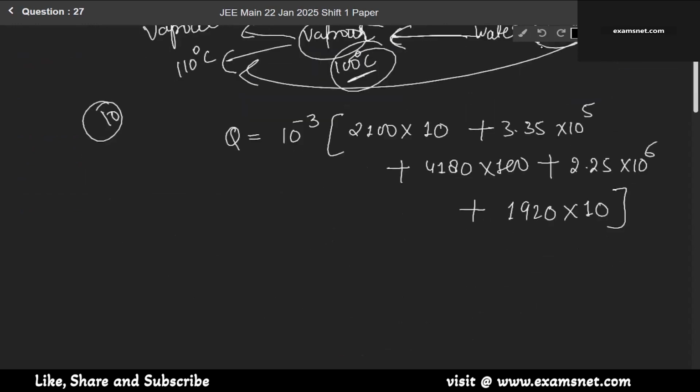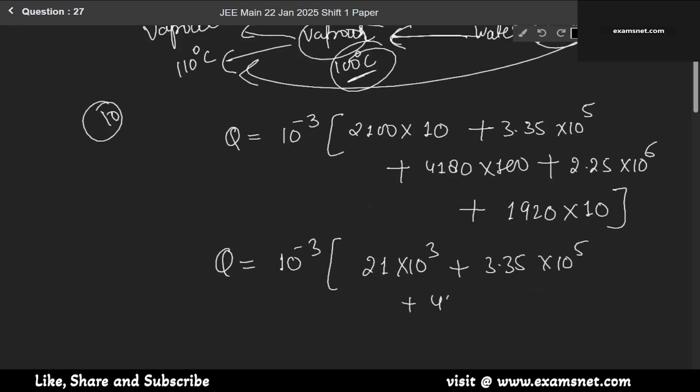Now solving it, we get Q is equals to 10 to the power minus 3. It will be 21 into 10 to the power 3 plus 3.35 into 10 to the power 5 plus 418 into 10 to the power 3 plus 2.25 into 10 to the power 6 plus 192 into 10 to the power 2. Okay.